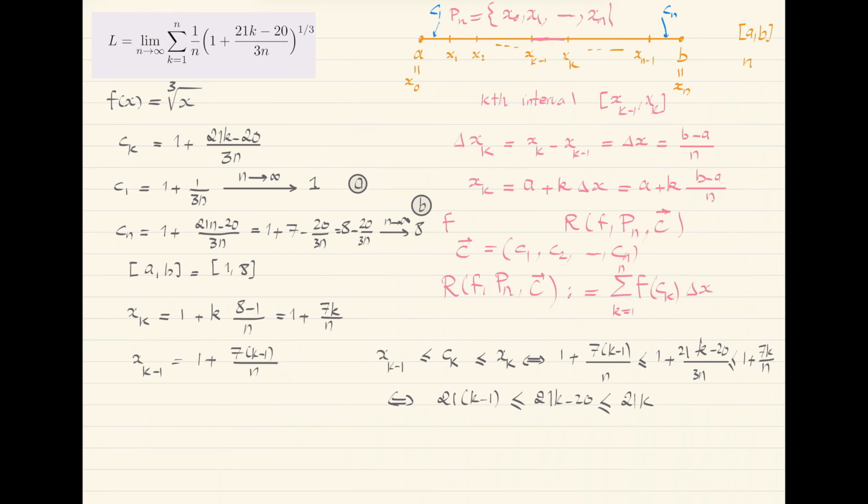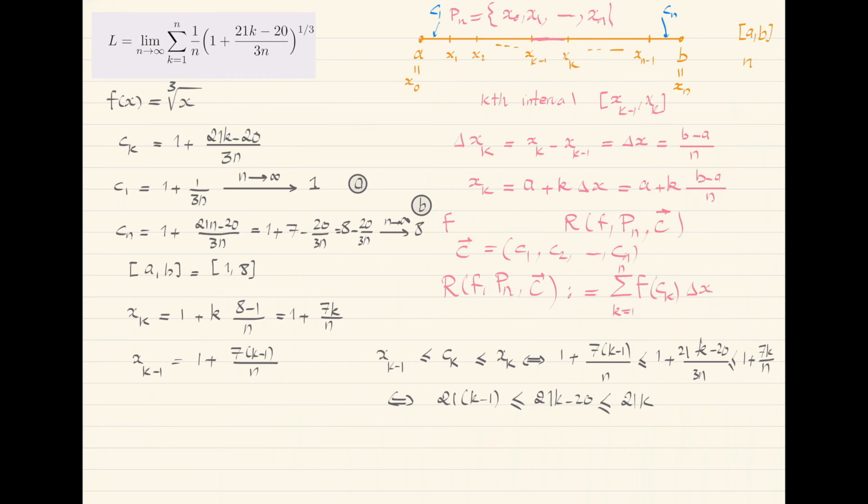Yes, but this is correct, because 21k minus 20 is definitely less than 21k. But what is this one? This is 21k minus 21, which is definitely less than this one. So yes, this ck really belongs to the kth interval. So everything is in order now.